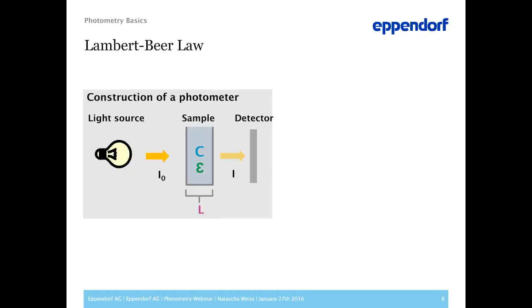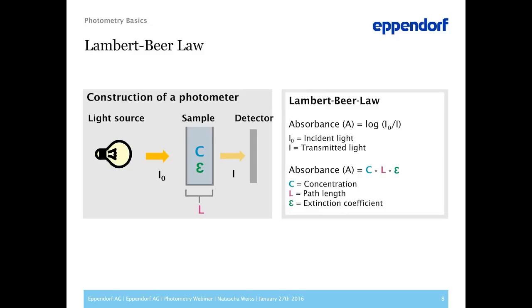In a photometer, the detector determines the absorbance by processing the information of incident light intensity and measured transmitted light intensity. Absorbance, which is measured, depends on three parameters. C stands for the sample concentration and L for the optical path length, which is defined by the cuvette used.